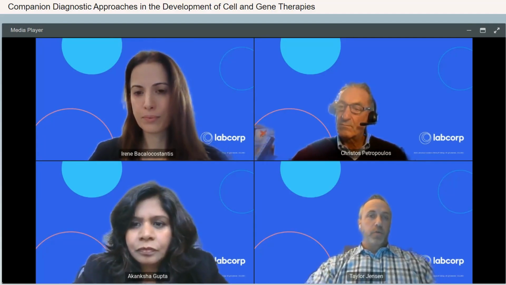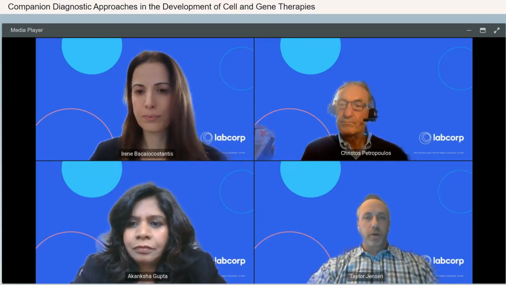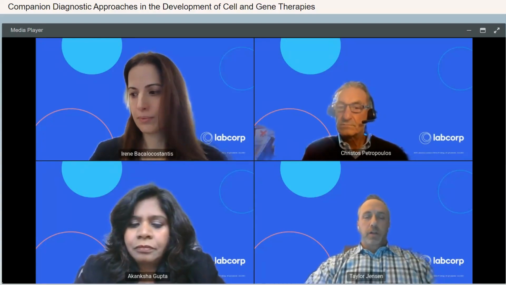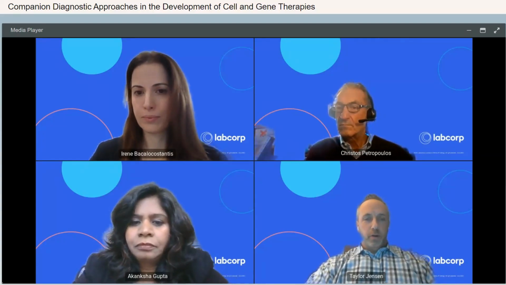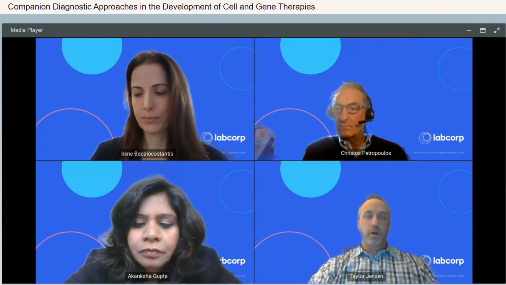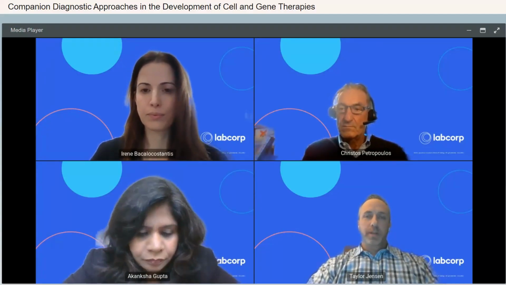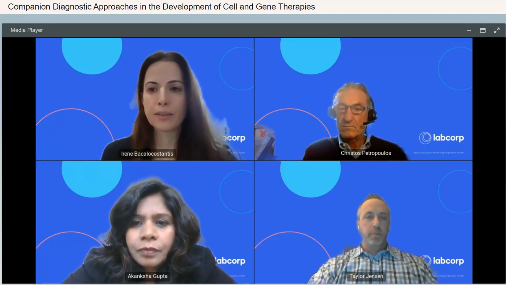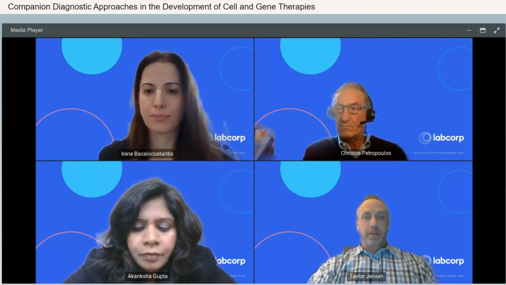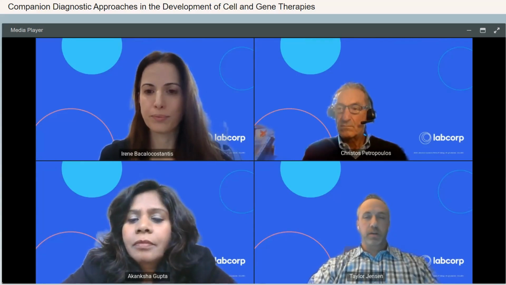But as we move towards a field where that may not always be the case, as we transition from the autologous to the allogeneic type of therapies, that could very likely change. And it's not to say that there are not currently tests that should be performed in conjunction with these types of therapies. For example, it's been well established at this point that there is a link between persistence of the CAR T therapy and outcomes of patients.